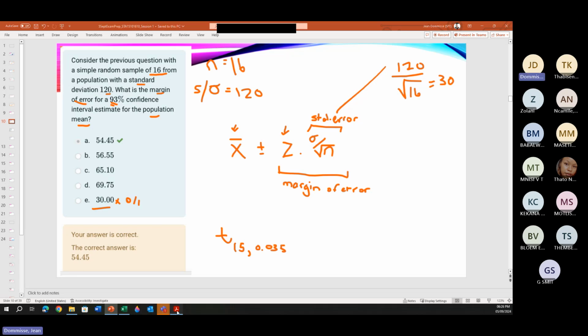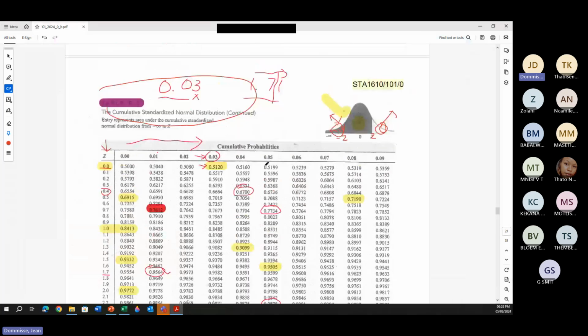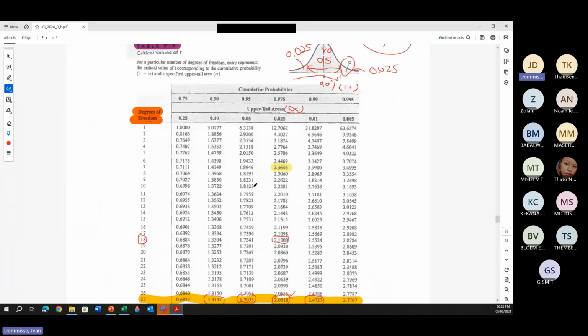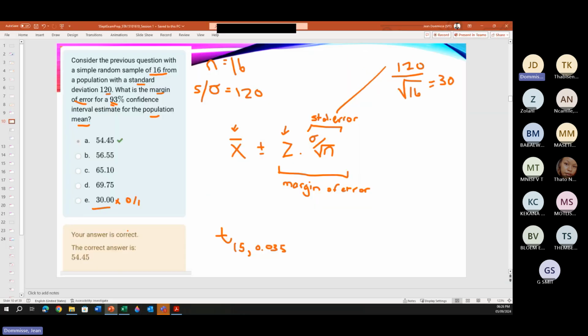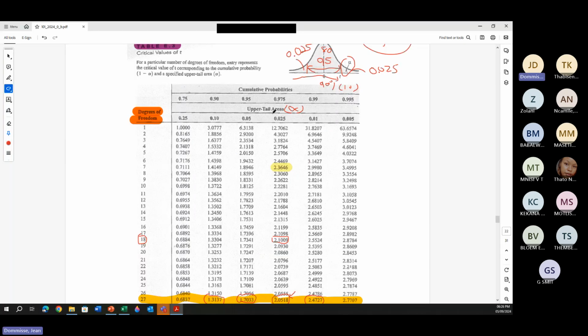Okay, and you will see we don't have that on any of the tables. If it was standard deviation known, we could have gone with a 93.